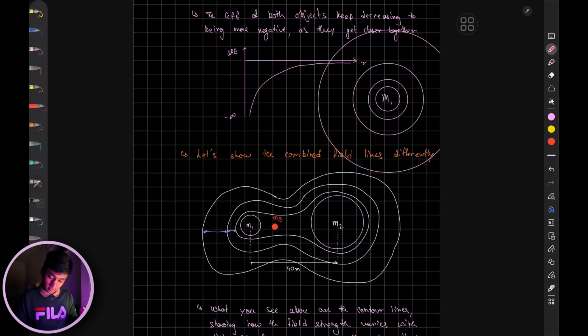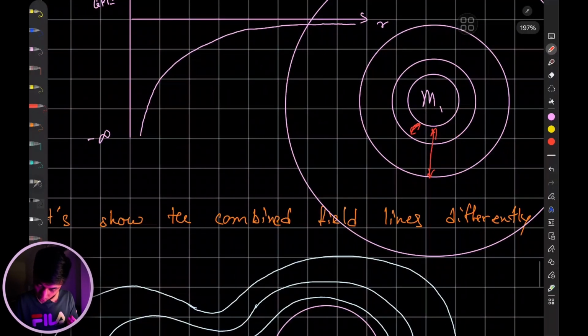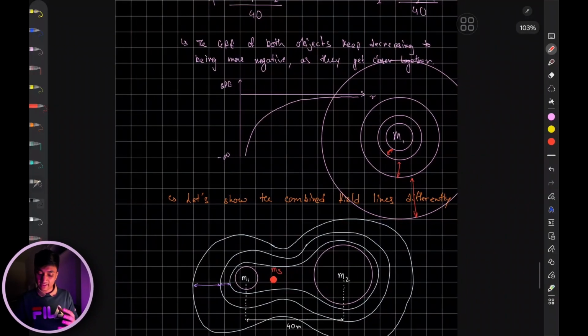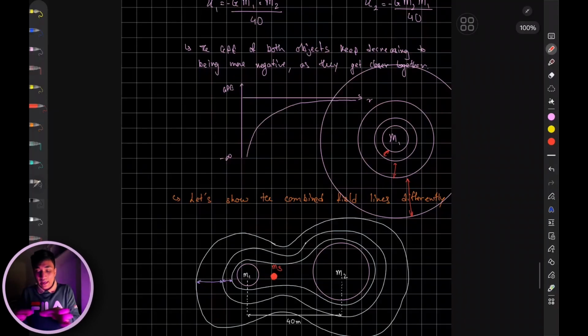What do you notice? My friends, do you see that the separation between consecutive control lines increases? Good. That is what I want you to notice.